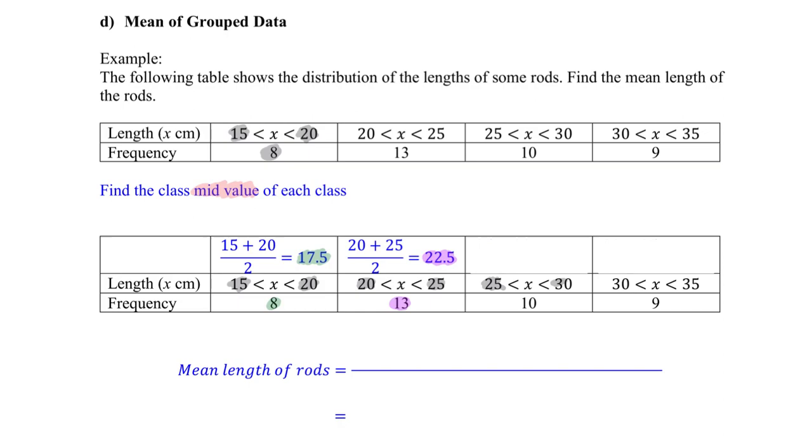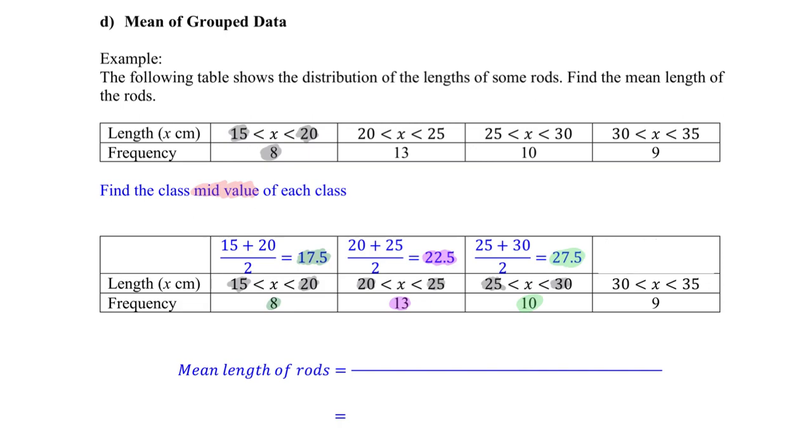Same goes for 25 and 30 for this class. Then I will just have to add 25 and 30 and divide by 2 to give me 27.5. So for this 10, I will use 27.5.